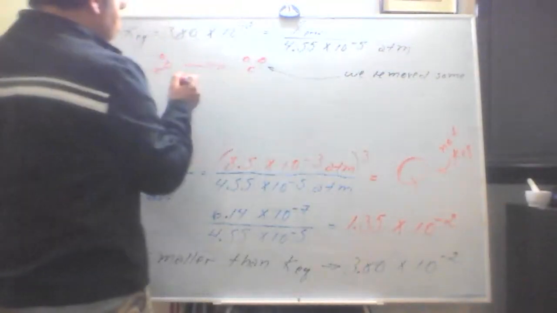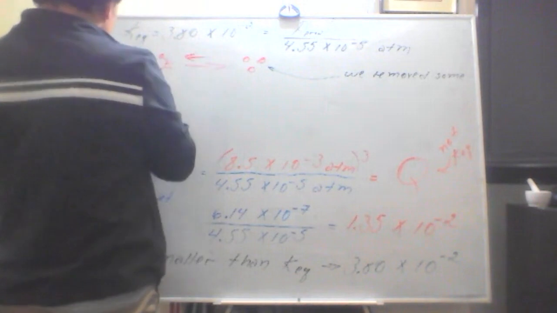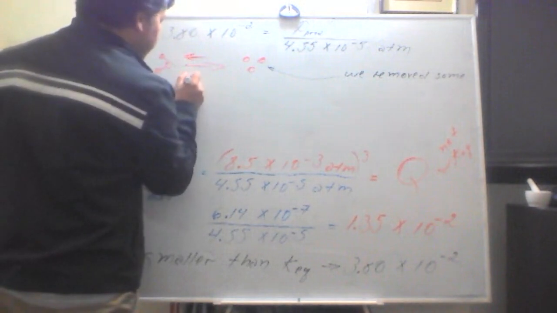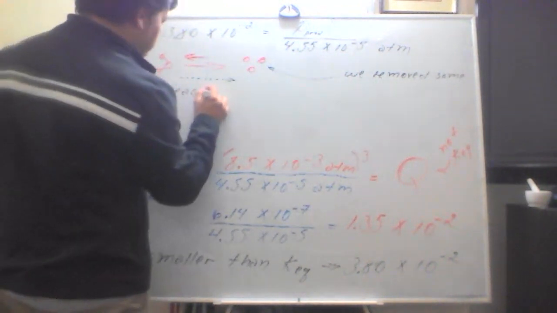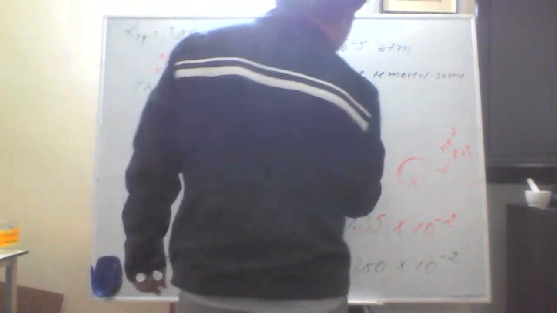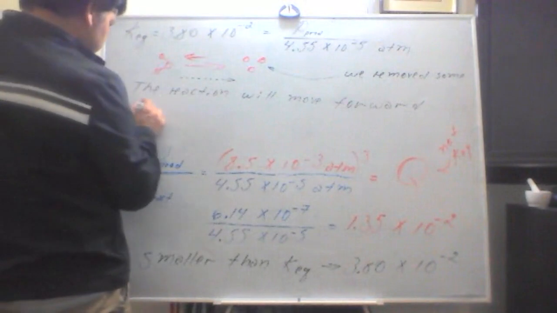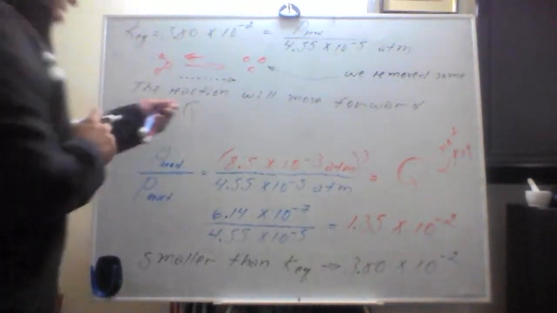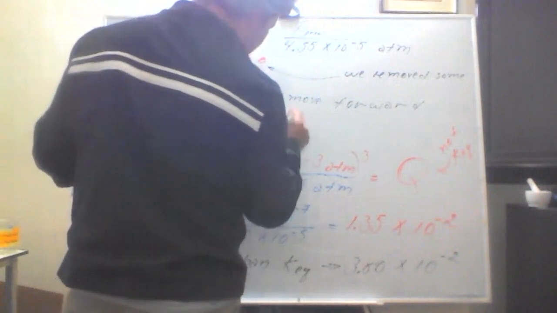So we remove some, and the reaction is going back and forth. For a moment in time, the reaction has to move that way. Okay, so the reaction will move forward until the quotient is equal to the equilibrium constant.